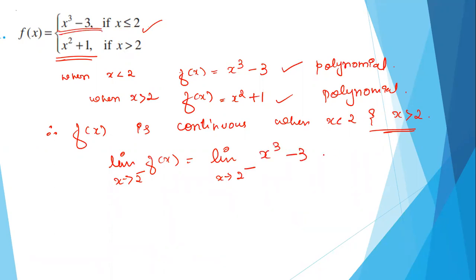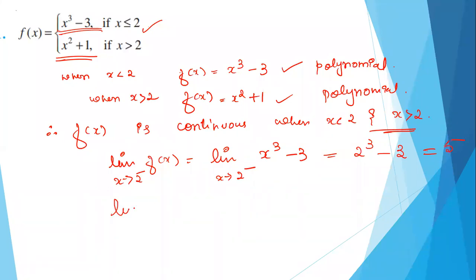So what will be the value, students? 2 cube minus 3. So what is the answer? Yes, Purnima is telling it's 5. Are all getting 5? Anybody with a different answer? Yes. So it is 5.